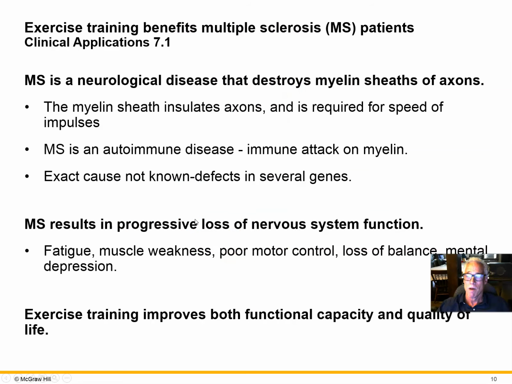Since we're talking about the myelin sheath, we'll quickly mention an autoimmune disease in which the immune system is attacking the myelin sheath of the neurons of the nervous system.